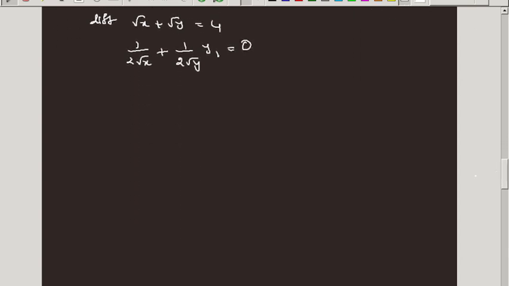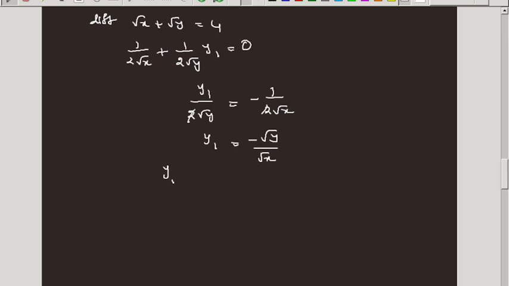Now we modify this one. So here first we bring 1 by 2 root x to the right hand side. So y1 dividing by 2 times root y can be written as minus 1 by 2 times root x. 2 get cancelled. Y1 we can write it as minus root y by root x.